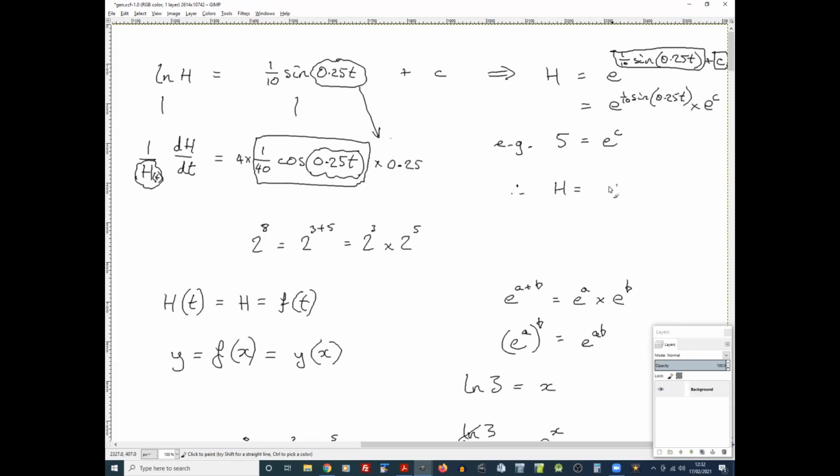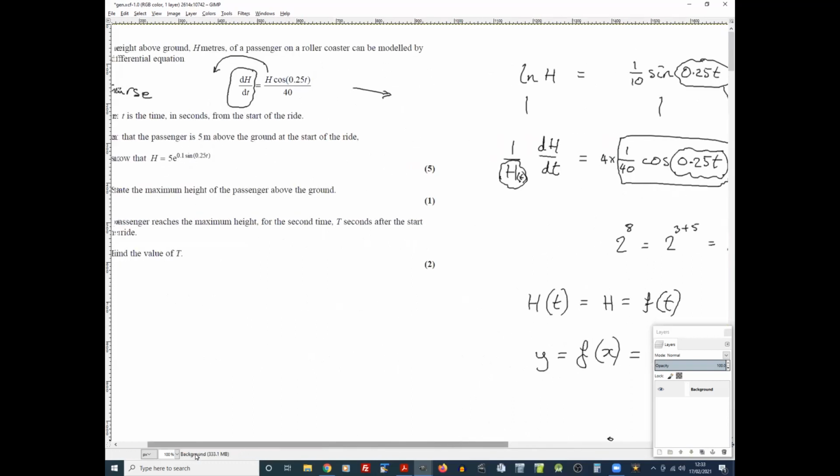H equals, in general, what? Now that we know what e to the c is. 5 times e to the 10th sine 0.25t. Which is what they had. Okay.